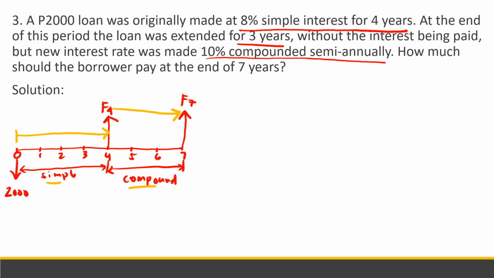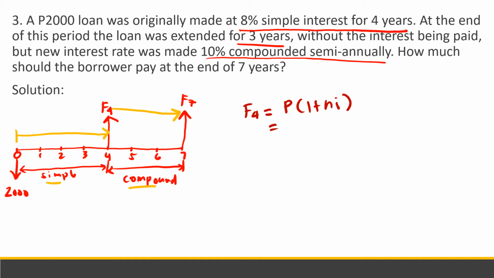Okay, so F4 is equal to P times 1 plus I to the power of... simple interest pala. So this is 1 plus NI.